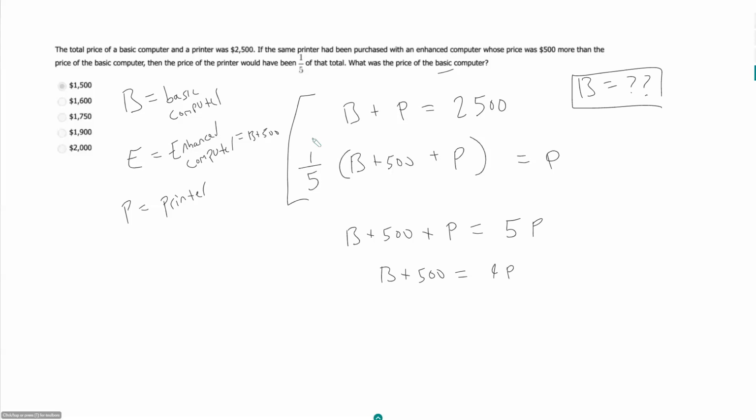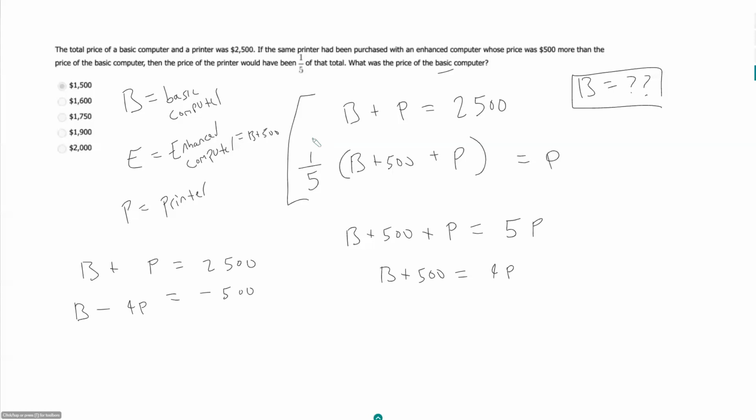Now, looking at my two equations, if I want to line them up, I want to make this one look like the first, where I have a B, then a P is equal to a number. So I'll write my two equations here. B plus P is equal to 2,500 is my first equation. Then B minus 4P is equal to negative 500 is my second equation.